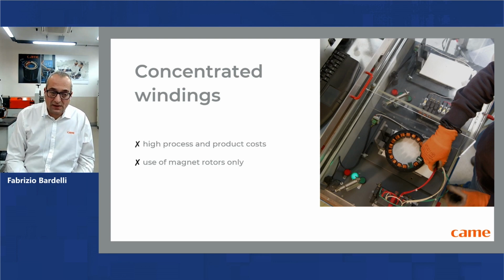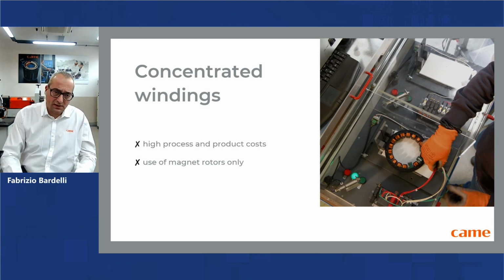If I compare, from the process point of view, the timing for the production of one concentrated stator compared to the distributed one, I would say, for a medium-sized stator, for instance size 80, so 125 millimeter of outer diameter, we have from 5 to 10 times the production time. It depends as well on many aspects, on the size, on the specifics of the project, on how complex the project is. But just to give you a rough idea.